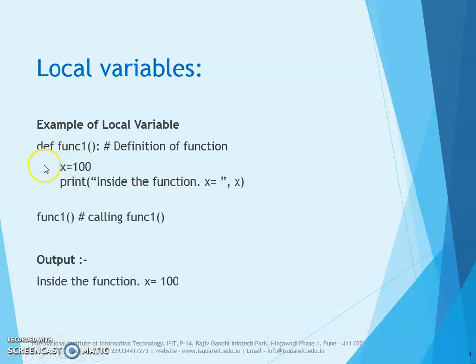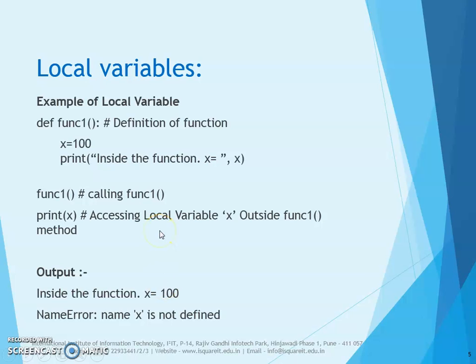Once we execute this program, we'll get the output: inside the function x is equal to 100. We are not passing any parameter to the function, we are directly calling the function. After going inside this function, we assign the value 100 to x and print x is equal to 100. Simple. So the output is inside the function x is equal to 100.